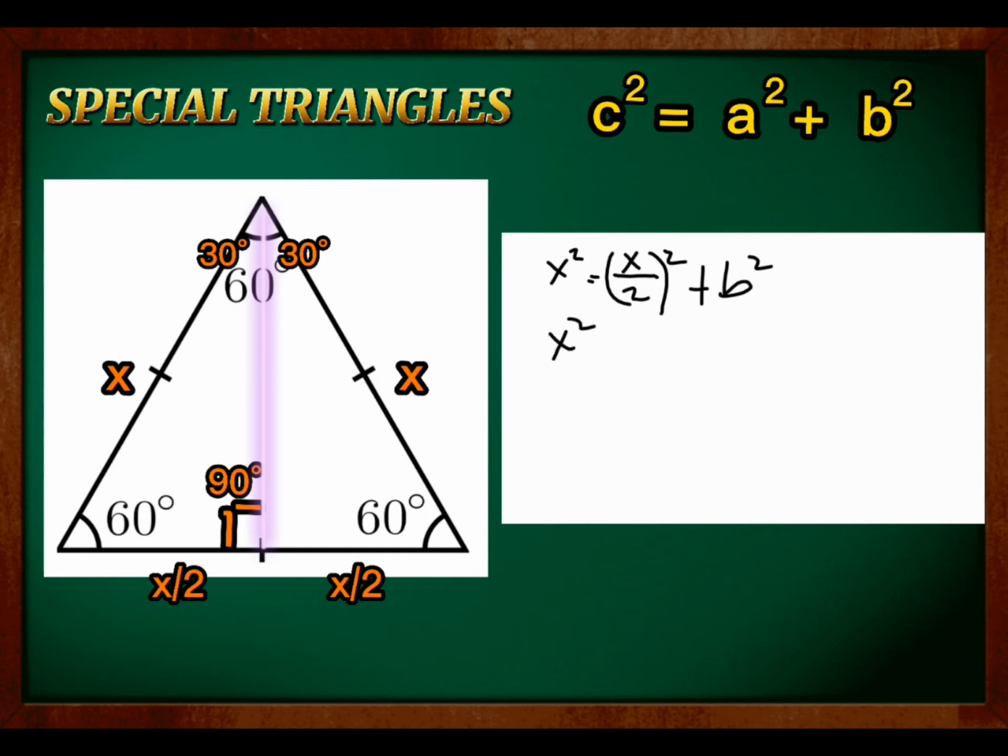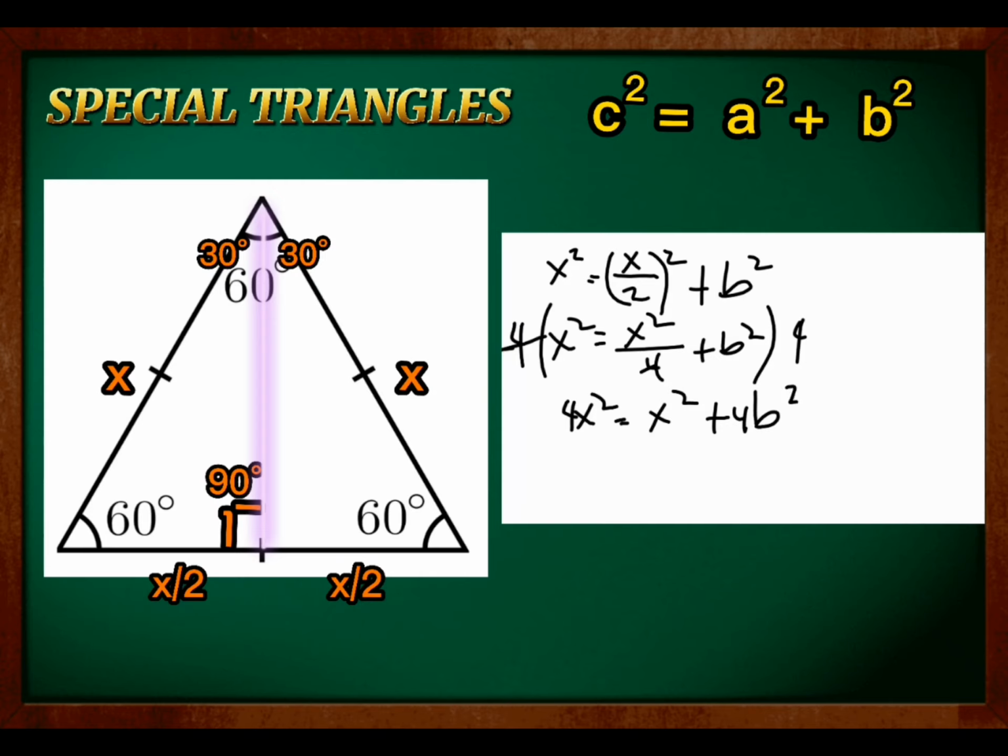That's x squared equals x squared over 4 plus b squared. To eliminate the denominator of 4, we multiply each side by 4. So that's 4x squared equals x squared plus 4b squared. Combine like terms, which is 4x squared and x squared. That makes 3x squared equals 4b squared.